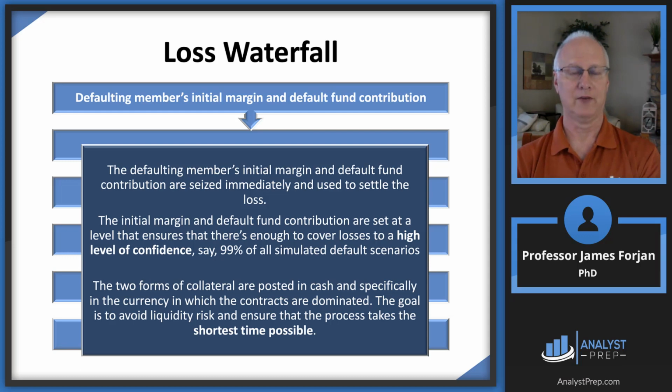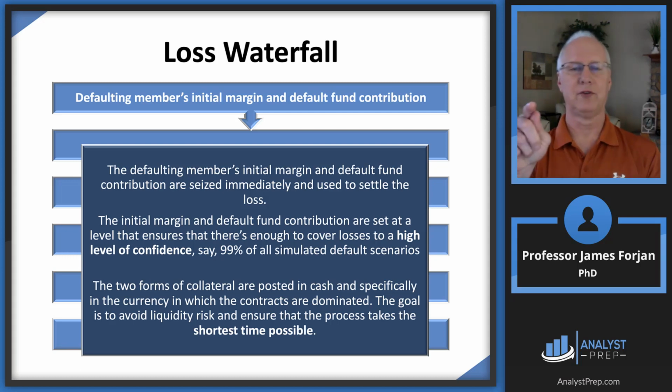Those assets are seized immediately and used to settle the loss. And notice the middle point in there. Of course, the CCP is going to design margins and defaults and anything else involved in this so that there's a gigantically high level of confidence that this will cover most default scenarios.